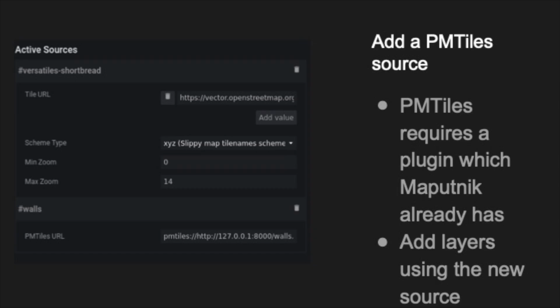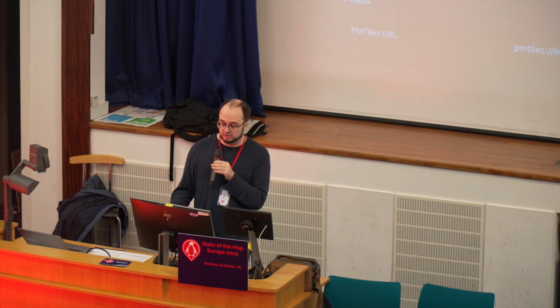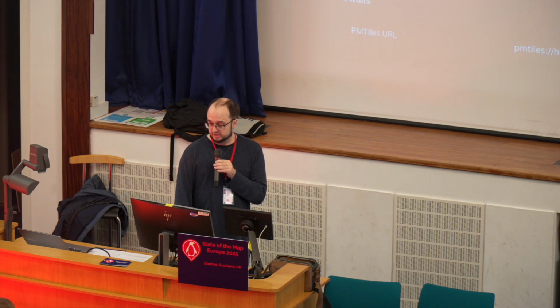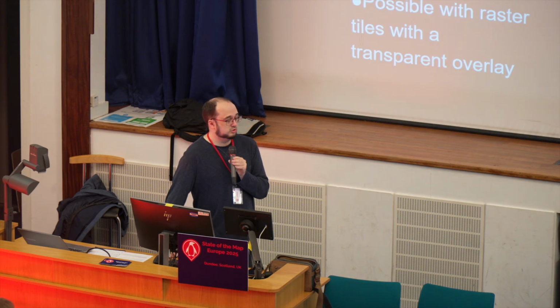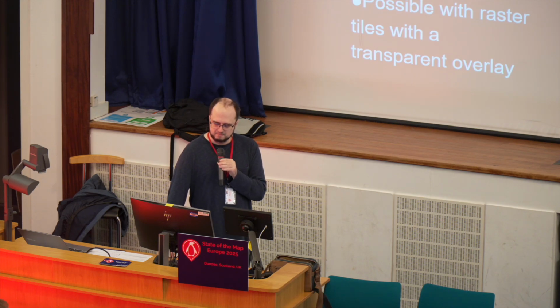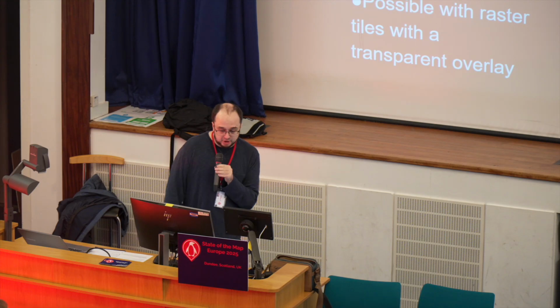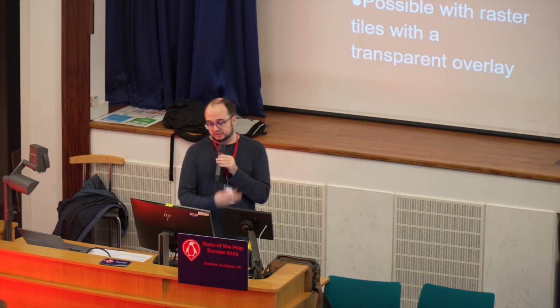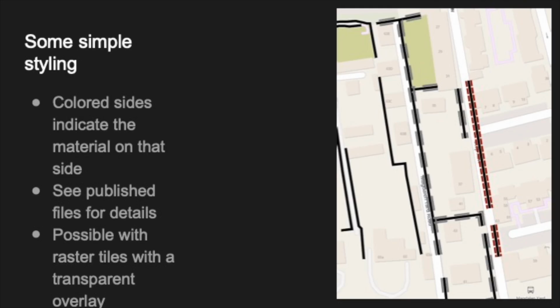PMTiles requires a plugin, but Maputnik already uses that. So then, I'm not going to go into MapLibre GL styling in detail. That is its own full-day lecture. This is 4 layers, and the colors of the sides indicate the material. So you've got brick and dry stone walls there.